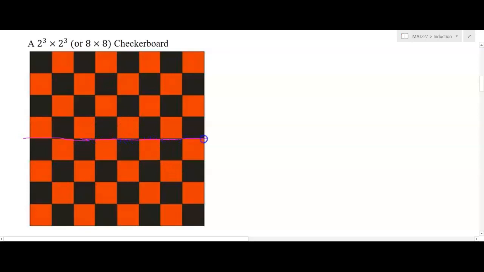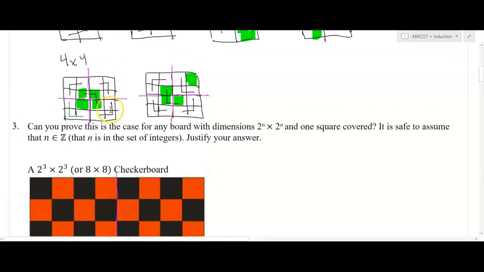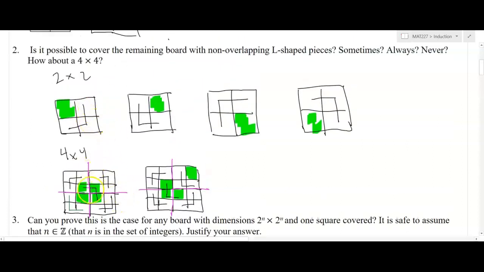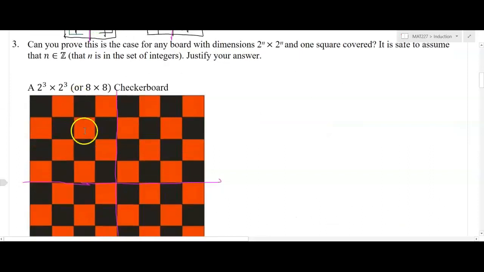So it'll look kind of like this if I create a division there and a division down the center. You can see that really what I have is 4 of the previous case, the 2 to the 2 by 2 to the 2. A 2 to the 2 by 2 to the 2, i.e. a 4x4, consisted of 4 2x2s. So an 8 by 8 consists of 4 4x4s.